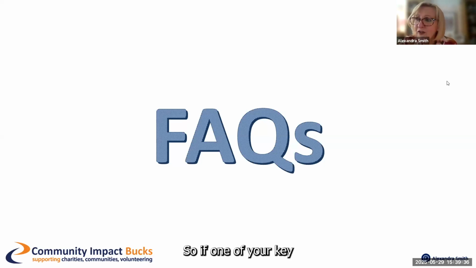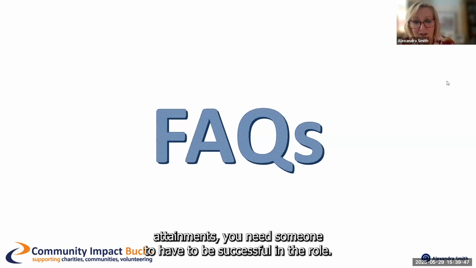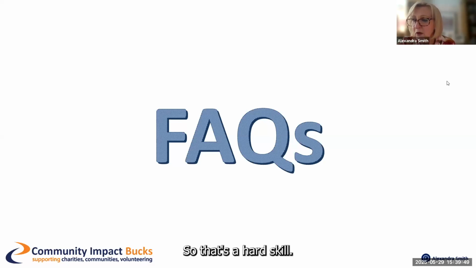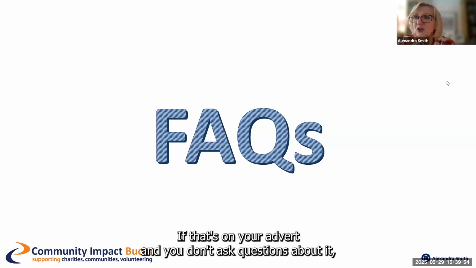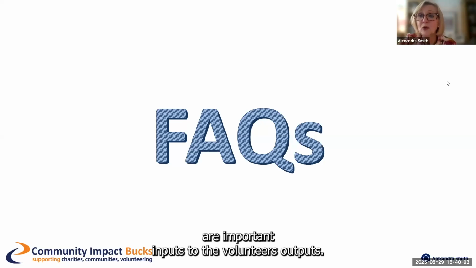So if one of your key attainments is word processing, the ability to use Microsoft Word, if that's one of the main attainments you need someone to have to be successful in the role, so that's a hard skill, if that's on your advert and you don't ask questions about it, you ask questions about something else, then you're not actually assessing what you have decided are important inputs to the volunteers' outputs.